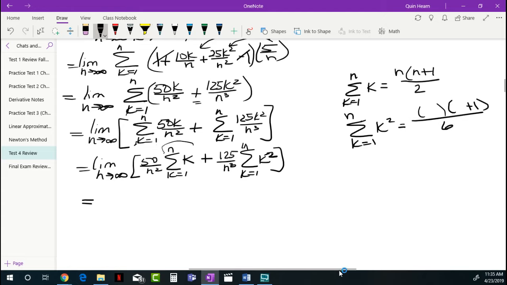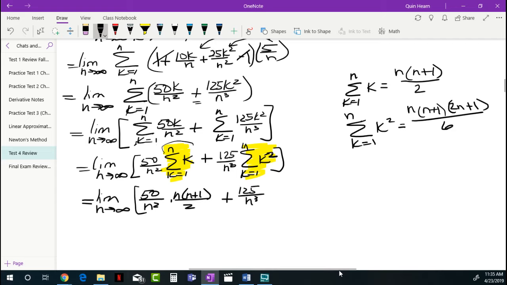The summation formula for k squared is equal to k times k plus 1 times, I'm sorry, 2k plus 1. See, I always do that. 2k plus 1 over 6. Okay.